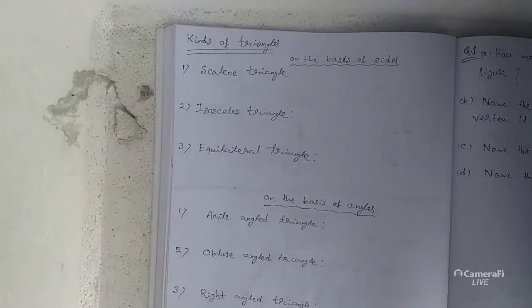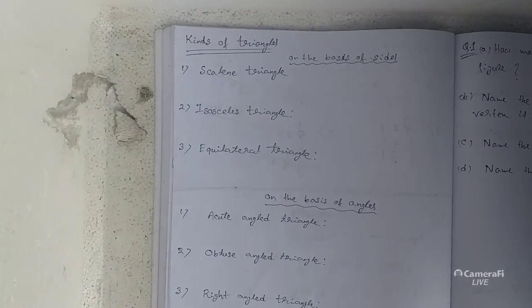Let us first discuss kinds of triangle on the basis of sides. We know that a triangle has three sides. Now its three sides may be of the same length, maybe two have the same length and one is different, and it may also be possible that all the sides are of different length. So on the basis of these things, the triangles are of three kinds.